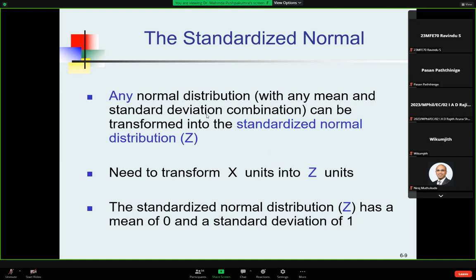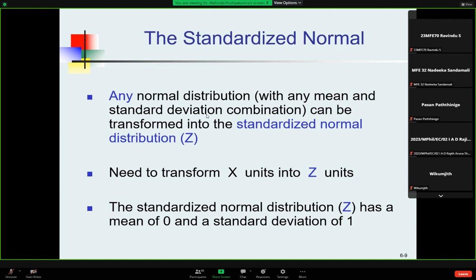Then the standardized normal distribution. Any normal distribution with any mean and standard deviation can be transformed into the standardized normal distribution. Then how to transform?